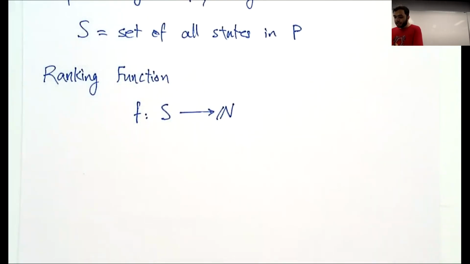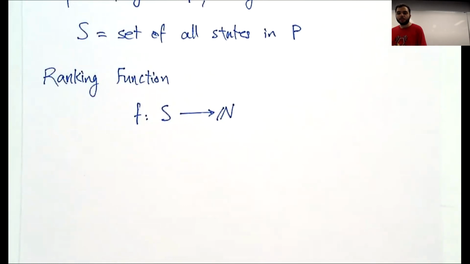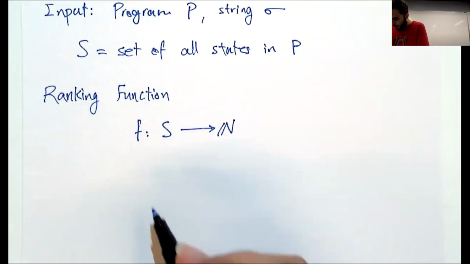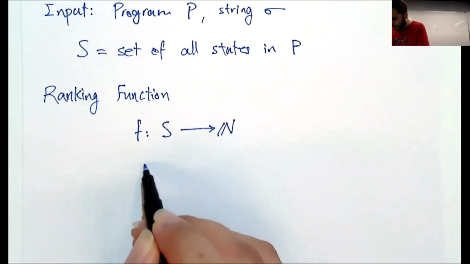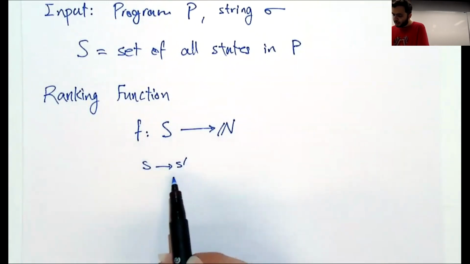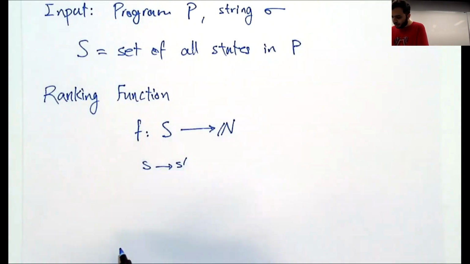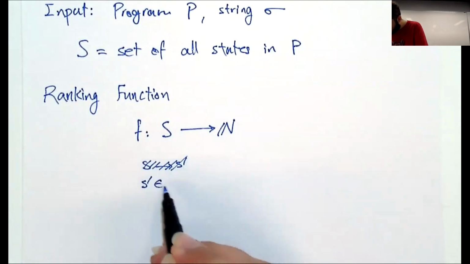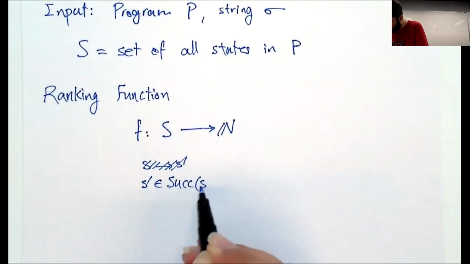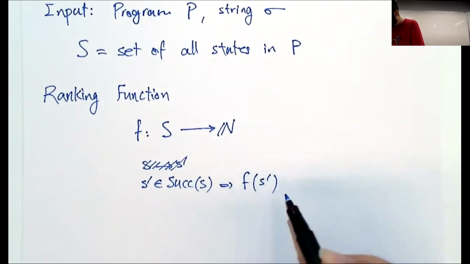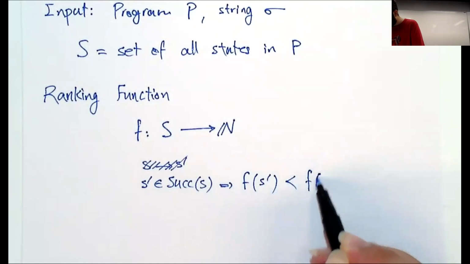So it basically gives a rank to every possible state of the program, such that if I can go from some state S to S prime, so if S prime is a successor of S, then the value of f at S prime is less than its value at S.